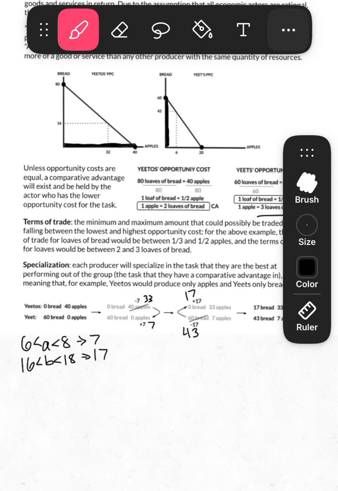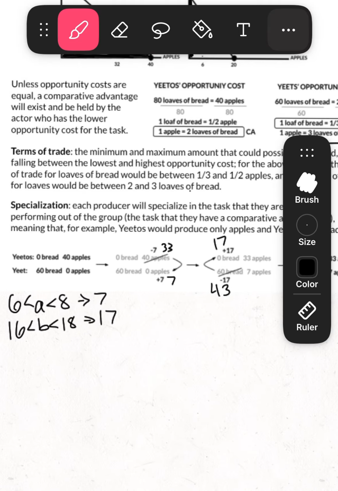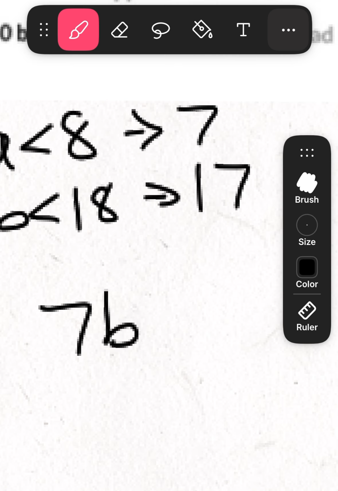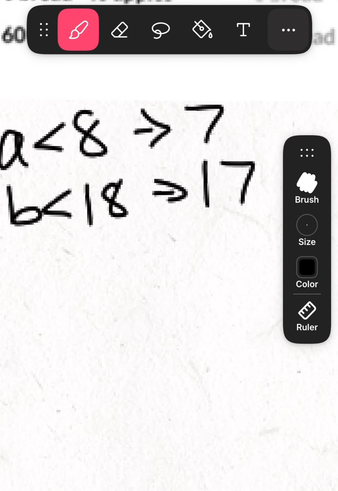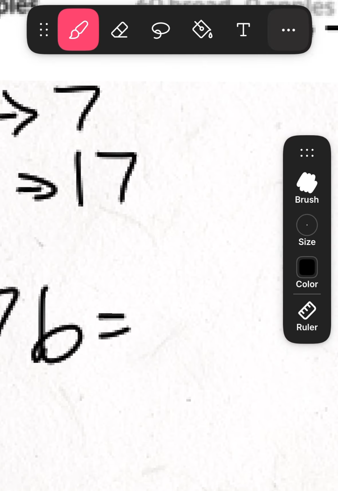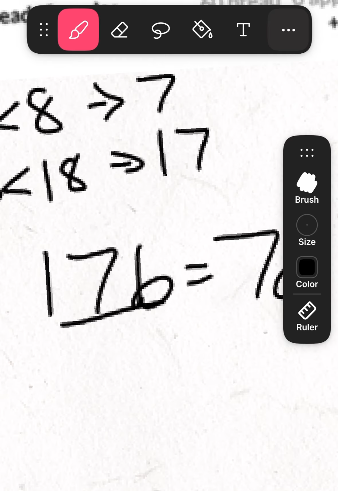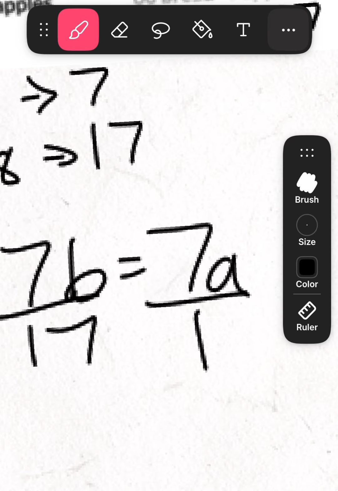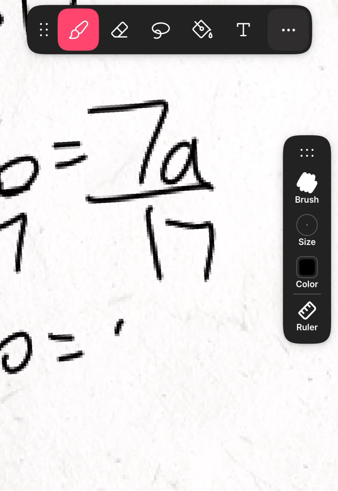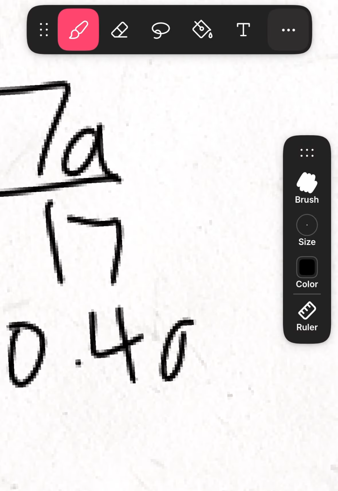So if we solve this in terms of loaves of bread, we traded 17 loaves of bread for 7 apples. If you do 17 divided by 7, one bread is going to equal about 0.4 apple.